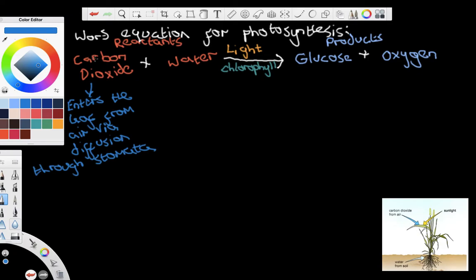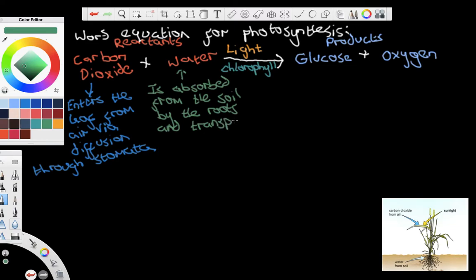Okay? Water gets to the leaf, as it's absorbed from the soil via the roots and then transported to the leaf through the xylem. So we can say that water is absorbed from the soil by the roots and transported to the leaf via the xylem.